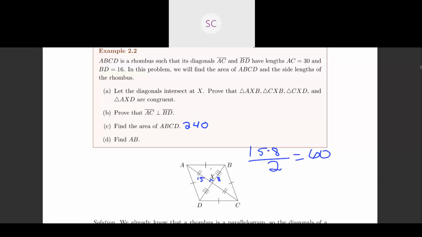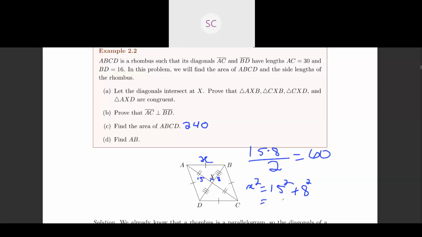But what about AB? Well, one very powerful tool we have is the Pythagorean theorem, and we have a right angle, so that's pretty much what we're going to use. If we let AB be x, then x squared should be equal to 15 squared plus 8 squared.